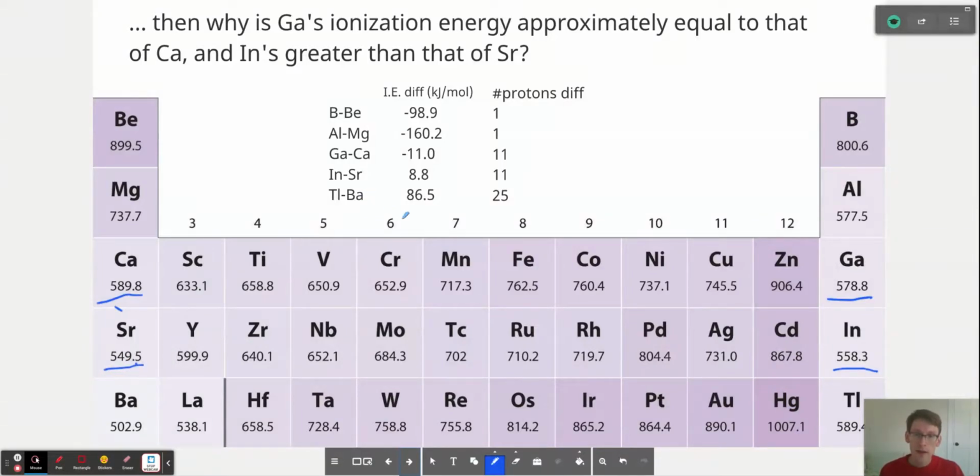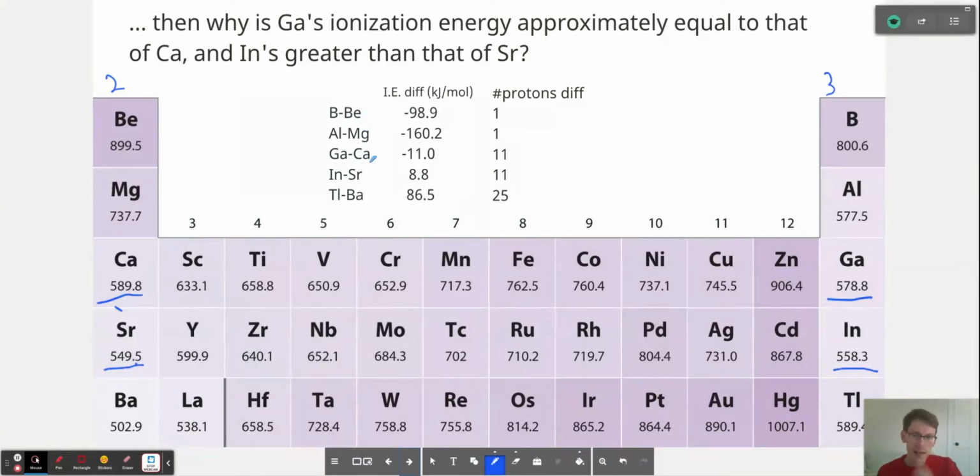And the reason that we get this change as we go down the periodic table is that we get more stuff in between group 2 and group 3. We get the d block. And so notice the number of protons in the nucleus. Well, before it didn't seem to matter. We get one more proton for boron, but its 2p electron is still going to be higher in energy than beryllium's 2s.